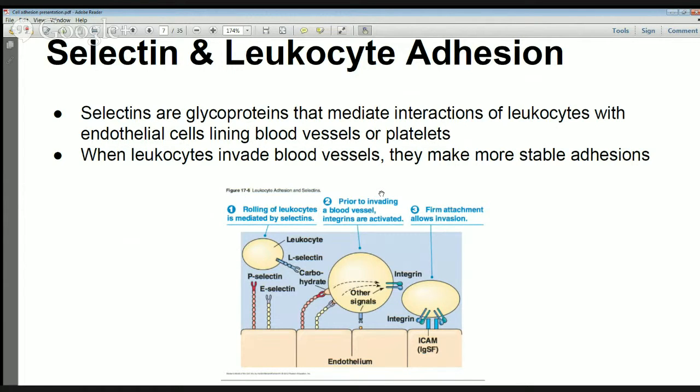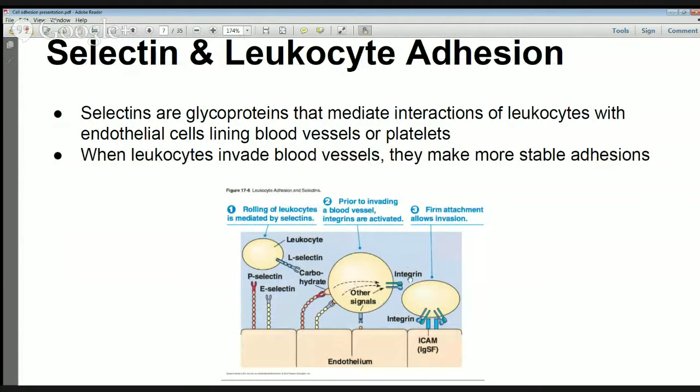In the figure, it shows the rolling of leukocytes, and the leukocyte has two carbohydrates which connect to the selectins, which give a signal to tell the leukocytes to keep rolling.